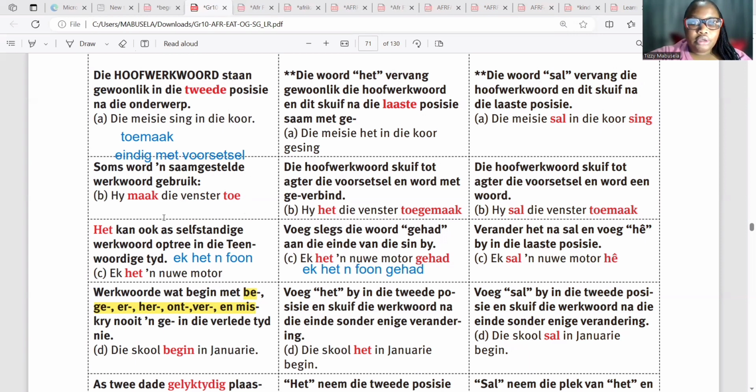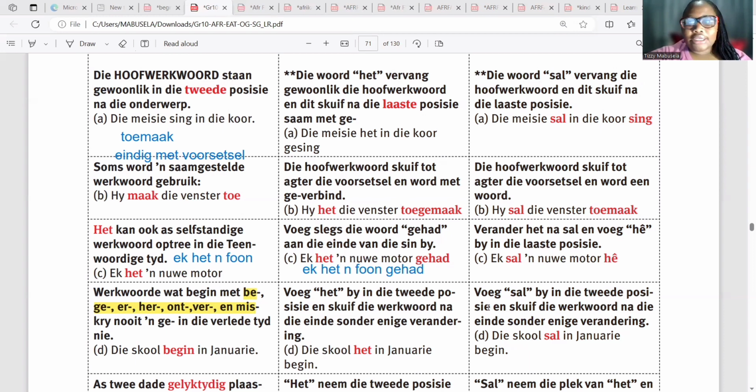So if we have a voorzetsel in the form of a skybord werkwoord, when we take it to the past tense, we're going to make it now almost like our own skybord werkwoord. So now it's going to be one verb, and we're going to add ge between the two parts of the verb, and there'll be het next to the onderwerp. So het and sal is always next to the onderwerp. And then in the future tense, we'll just make it one verb, but we won't add ge.